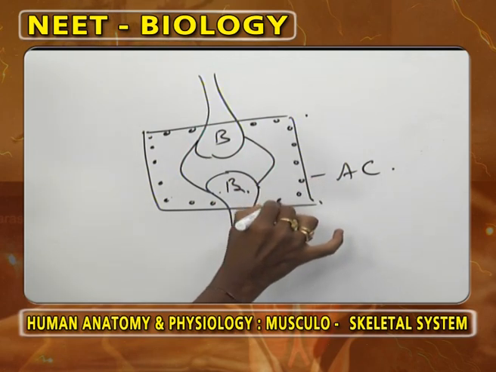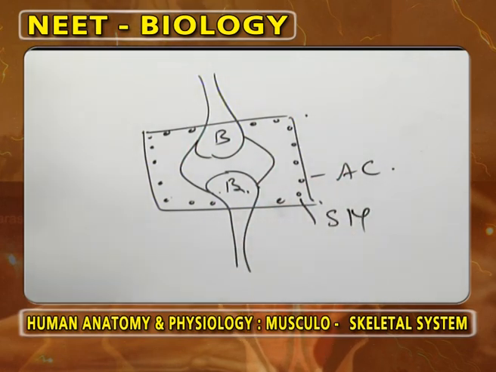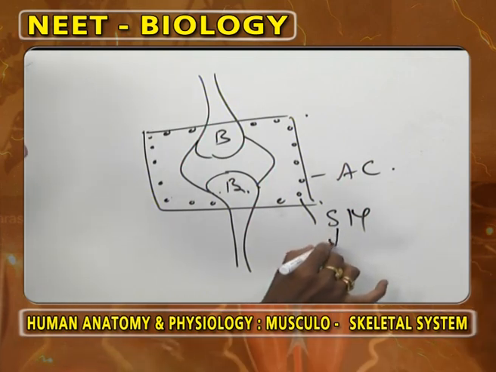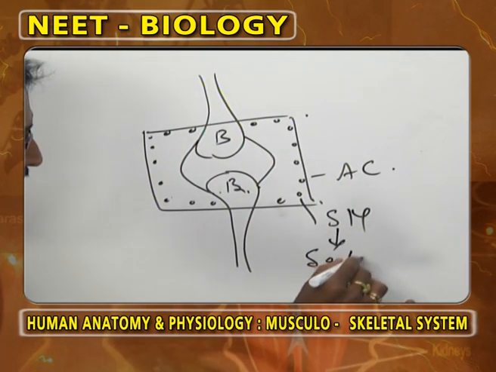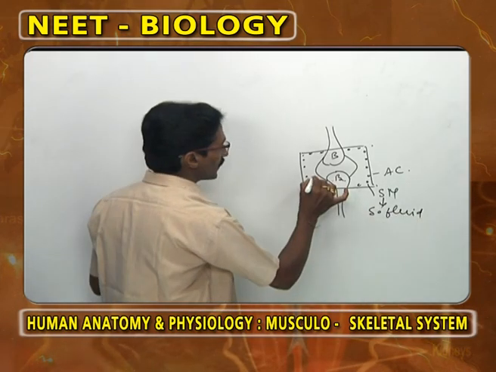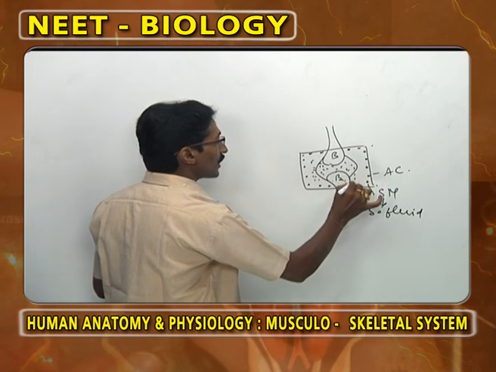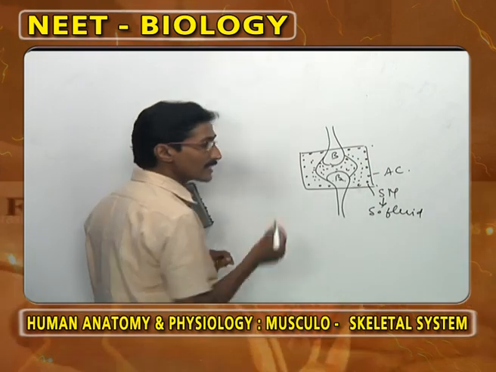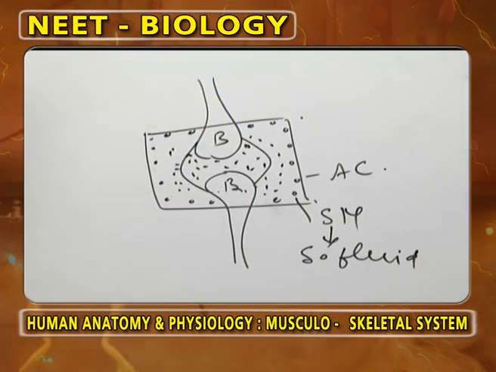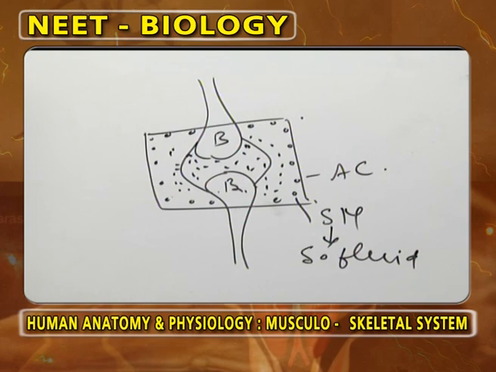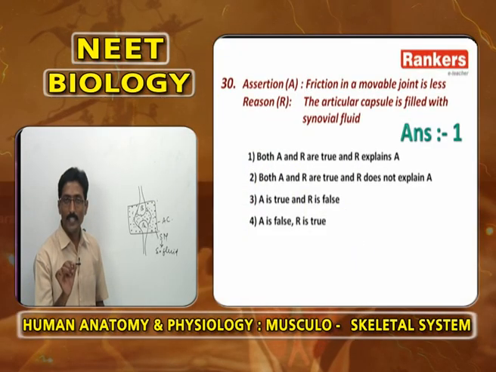The synovial membrane secretes synovial fluid. As long as synovial fluid is present, the bones do not get any friction. So here the friction in a movable joint is less.